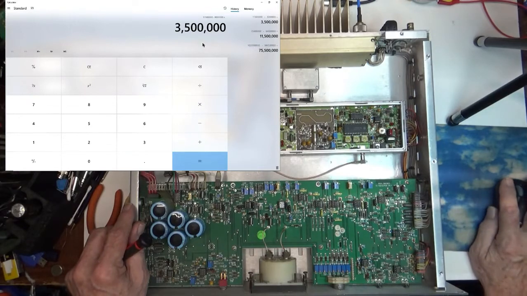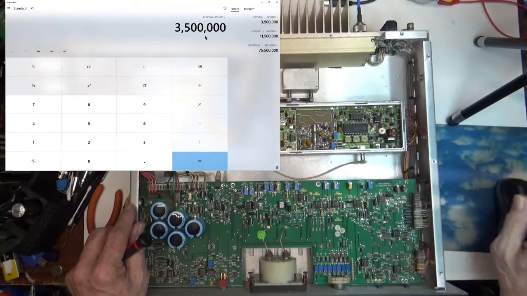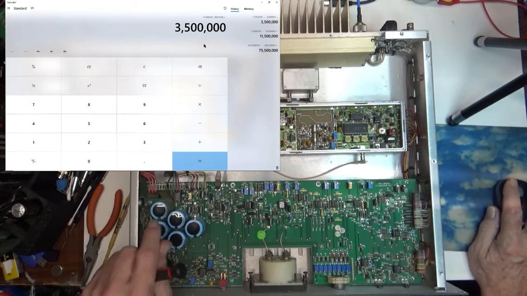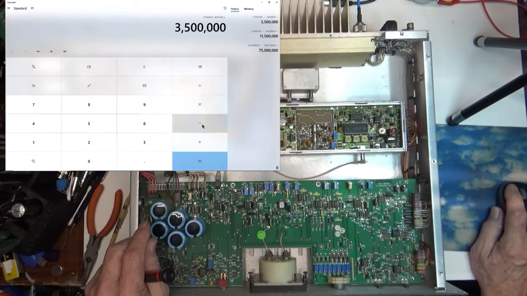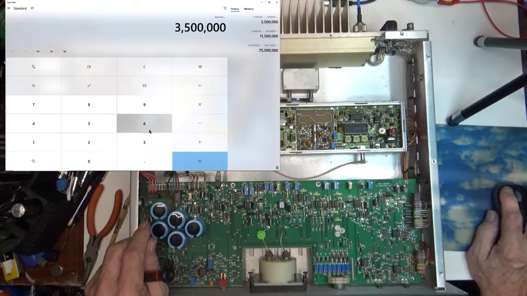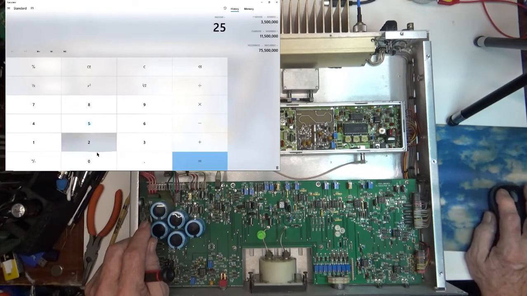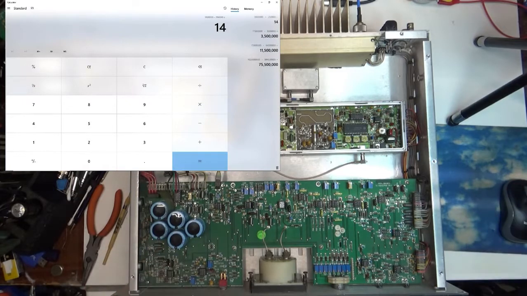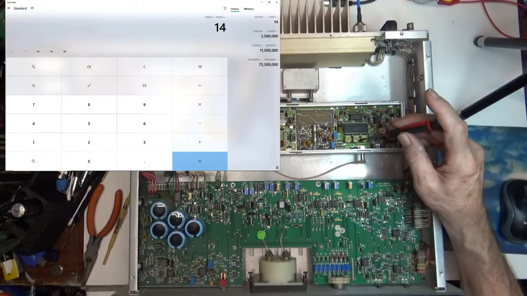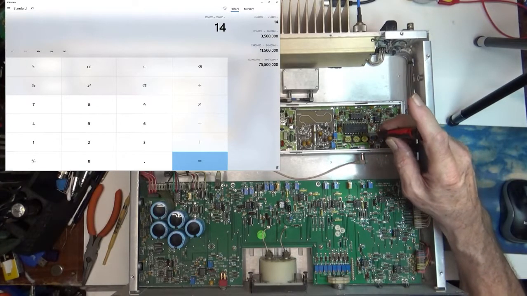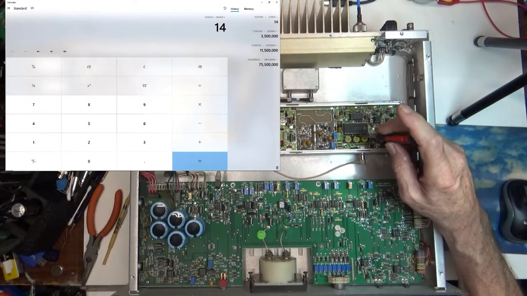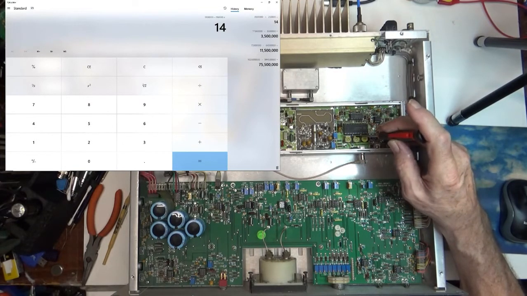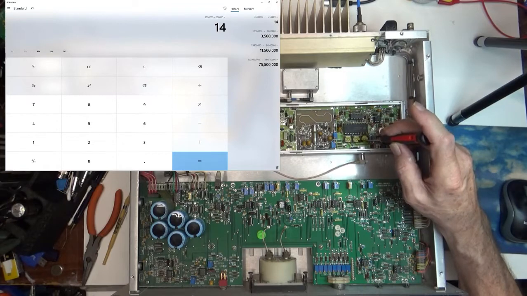Now, we have to find out how many times you can take 250,000 into 3,500,000. So we divide that by 250,000, which gives us 14, an even number, for this frequency. This second switch, which starts at 0 and goes around to F, just like this one does: 14 would be 0, 1, 2, 3, 4, 5, 6, 7, 8, 9.